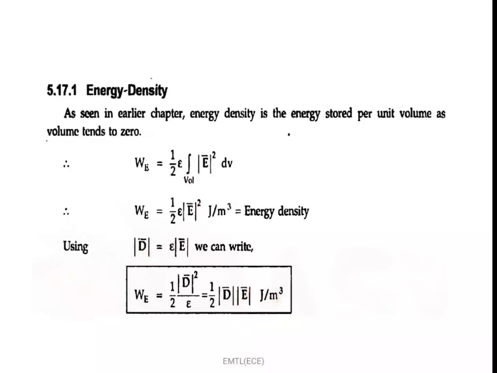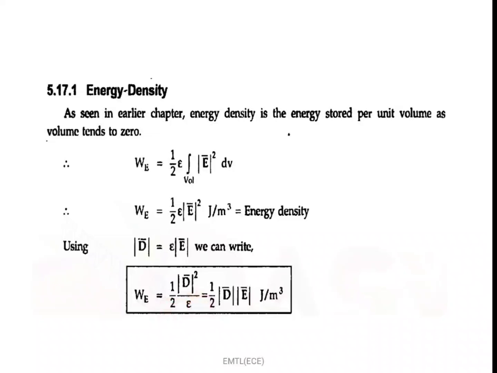So WE is equal to 1 by 2 mod of D bar mod of E bar, and it is also expressed in terms of electric flux density, that is 1 by 2 mod of D bar square by epsilon.